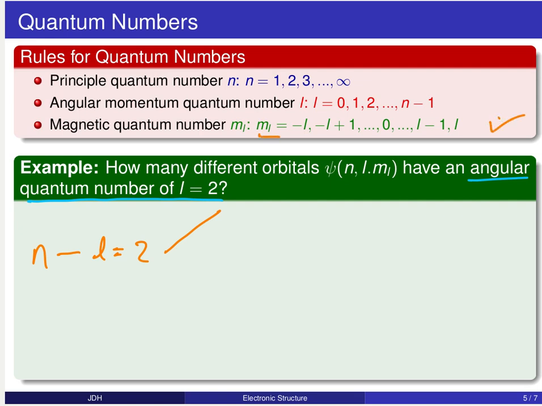Well, according to our third rule up here, we know that the different values of m sub L correspond to a range of values from negative L all the way up to positive L. So we can start off here and list negative L, negative 2, then we're going to have a negative 1, then we'll have a 0, then we'll have a plus 1, and then we'll have a plus 2.